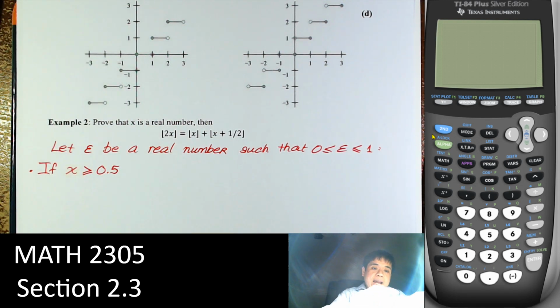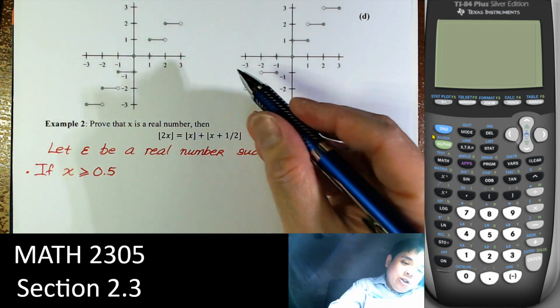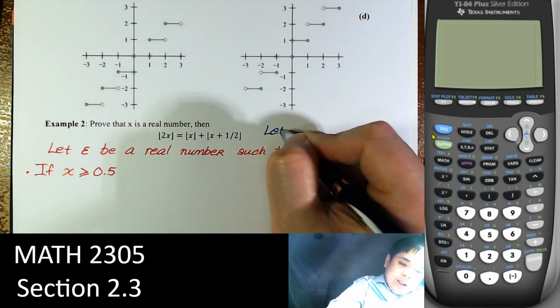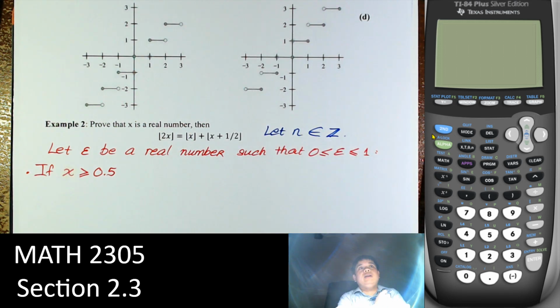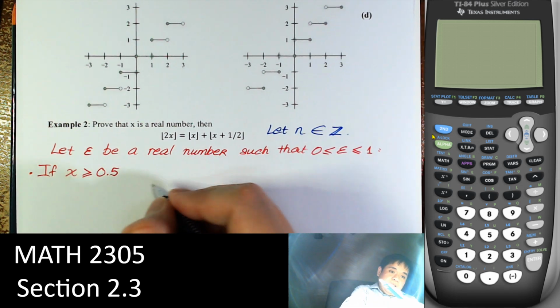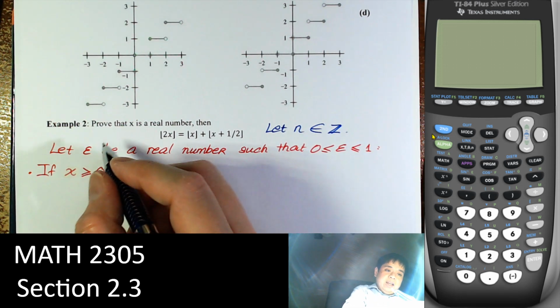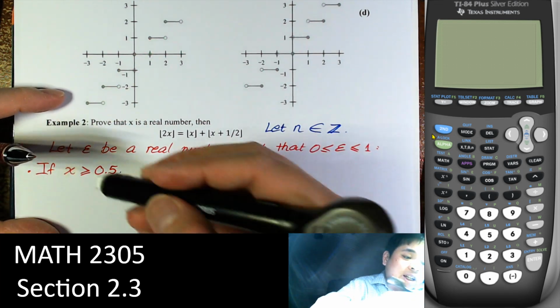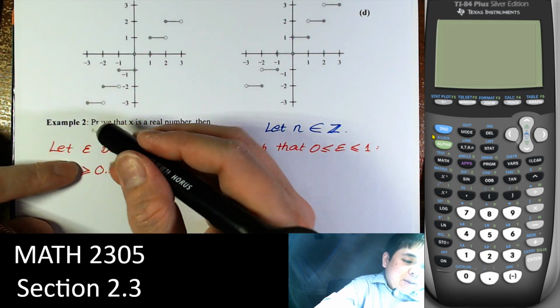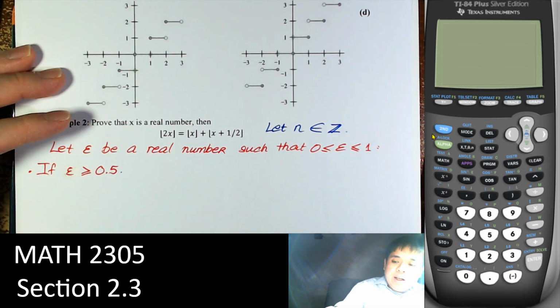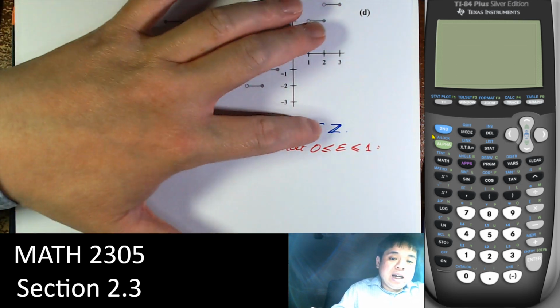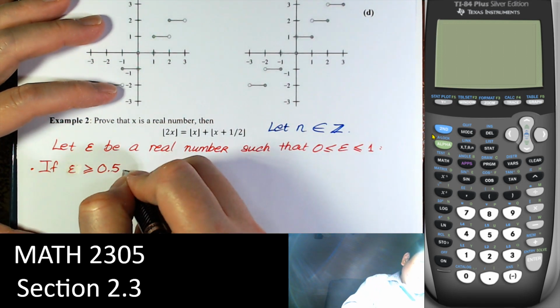Let n be an integer. An integer means a whole number, including the negatives. So in that case, any x can be n plus epsilon.